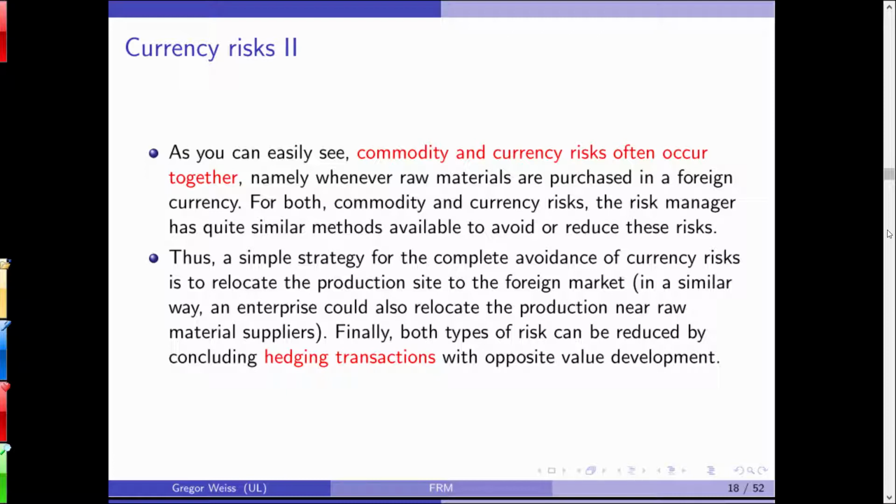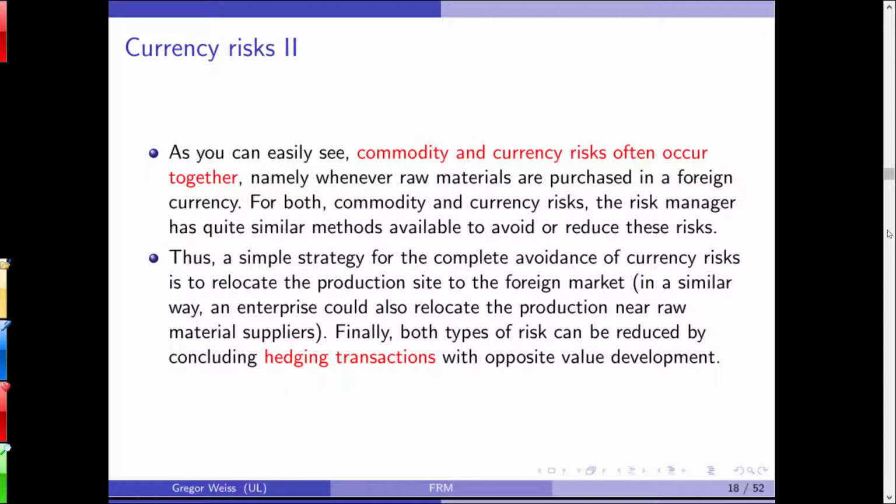And if you are not willing to shift production, for example, because it's high maintenance or too costly, what can you do? Currency risks are one type of risk that can be easily hedged with financial derivatives. You can buy financial derivatives that have a foreign currency as the underlying. So you'll buy an FX future, an FX option, and you can hedge against this type of risk. And this is usually quite cheap because the underlyings are quite simple.